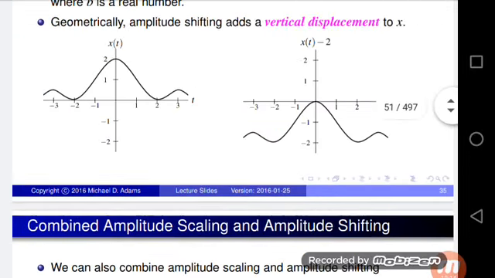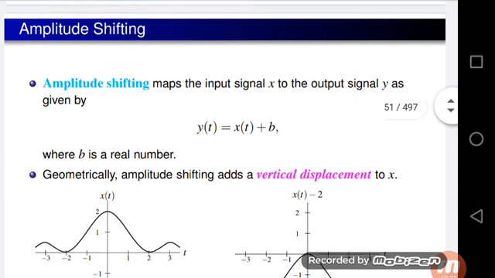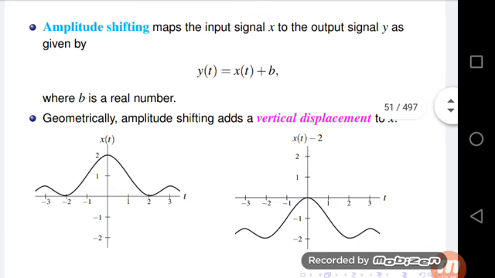So the overall meaning of amplitude scaling and amplitude shifting is mainly to change the path of the signals, and it explains the behavior of the signals. When we change the amplitude values, the signals propagate in different directions.